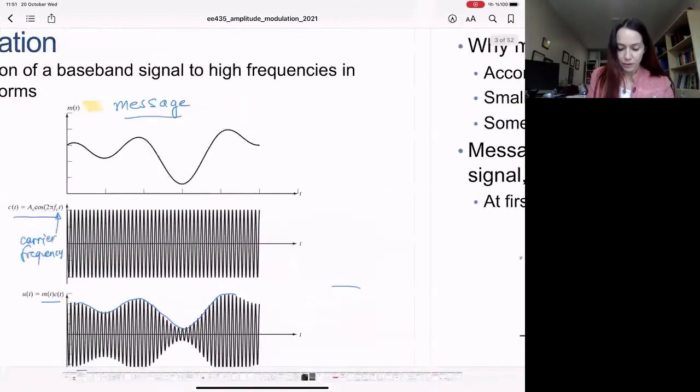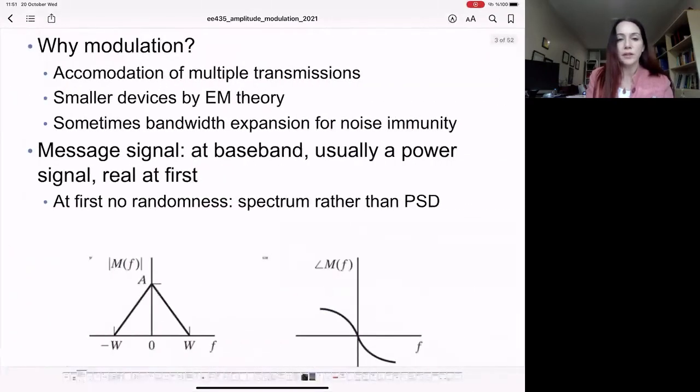Now, why do we modulate in communications? There are various reasons. First of all, by using multiple carrier frequencies, you can put different messages at non-overlapping spectral bands and send them all at the same time. Think about it.